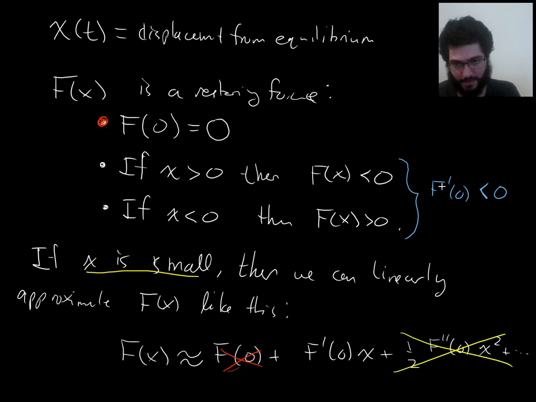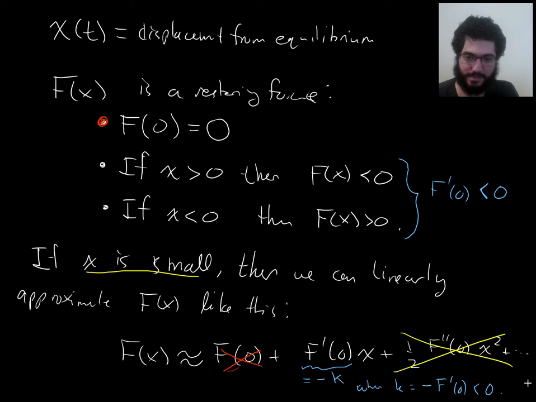If it does equal 0, then you shouldn't be doing this kind of approximation. But let's also pretend that f prime of 0 is not 0. Then it would be negative, according to these 2 points. So that tells you that this here is negative k for some positive number k, where k is defined to be negative f prime of 0, which is less than 0, which is greater than 0.